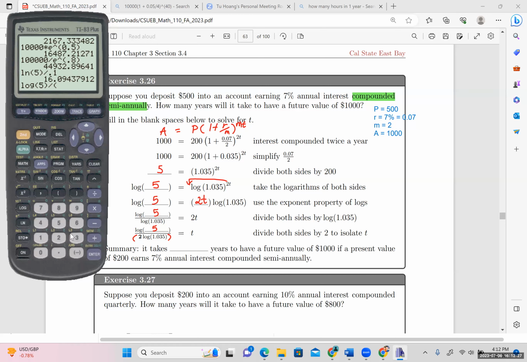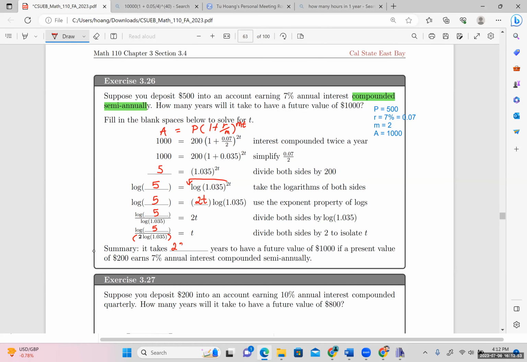So 2 times log of 1.035. Go with that log and put parentheses for the bottom, and I get the answer gonna be 23.39 years to have a future value of 1000 if the present value is 200. All right.